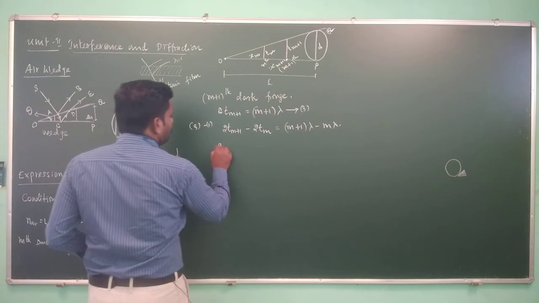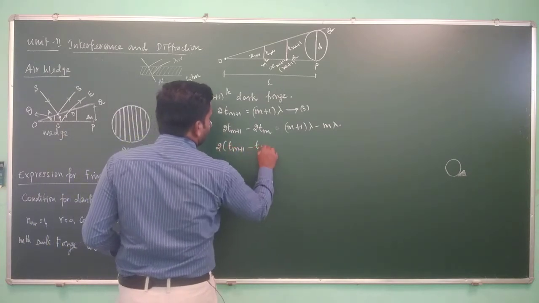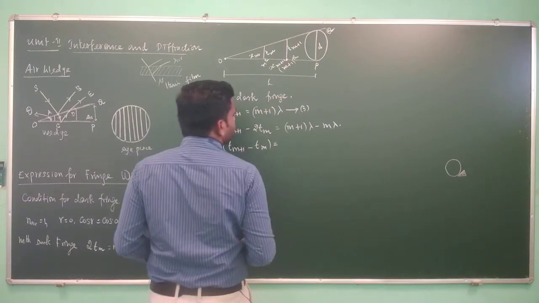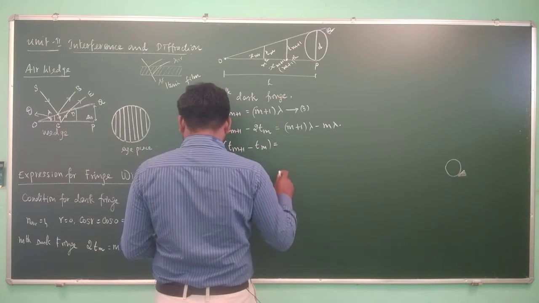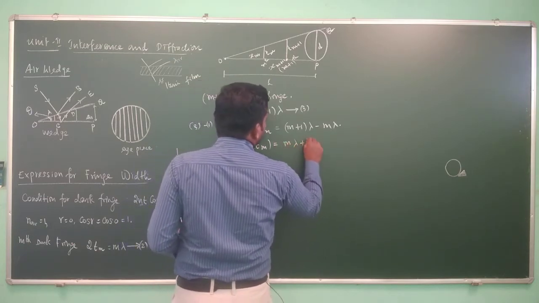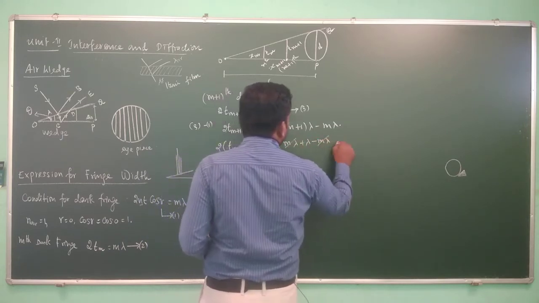We can take 2 common out: 2 times (T m plus 1 minus Tm) is equal to m lambda plus lambda minus m lambda. So these will cancel out, remaining is lambda.